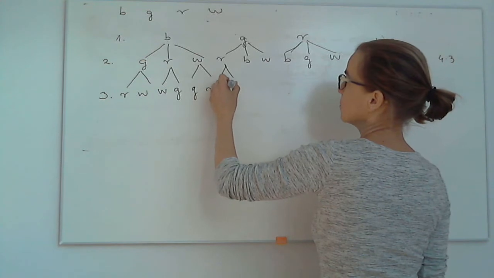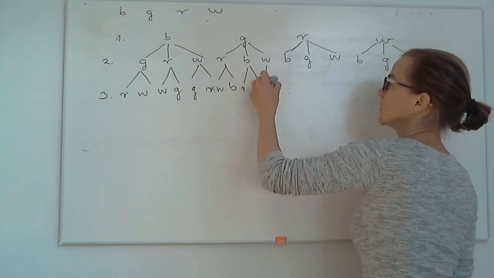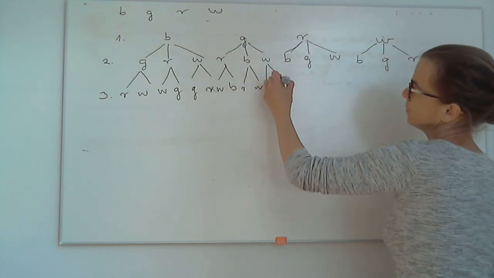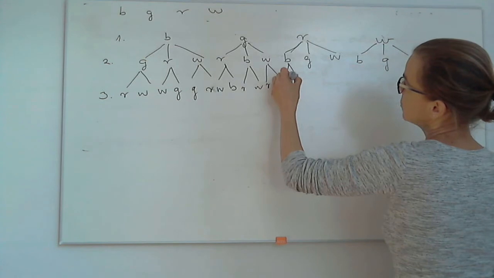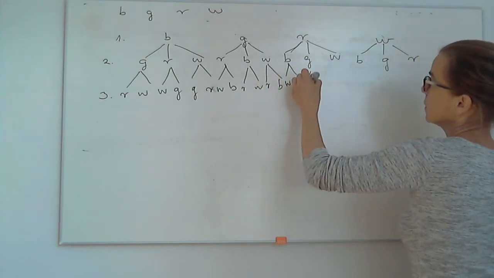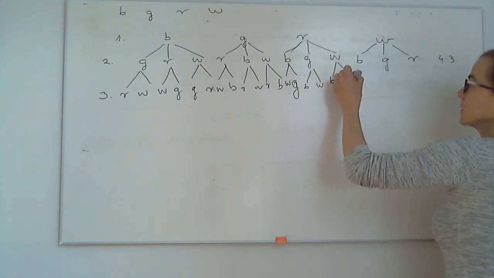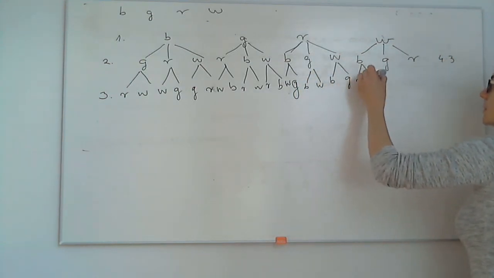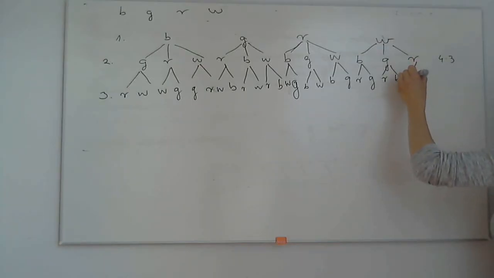Okay, white, blue, red, white, red, blue. Things are getting a bit crowded here. White, green, blue, white, blue, green, red, green, red, blue, and finally blue and green. Okay, you get the point.